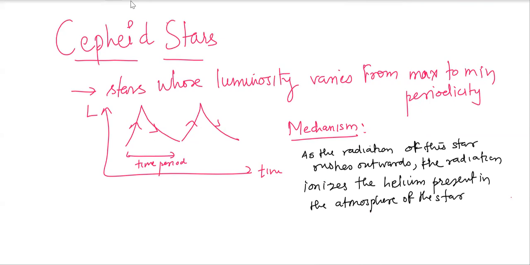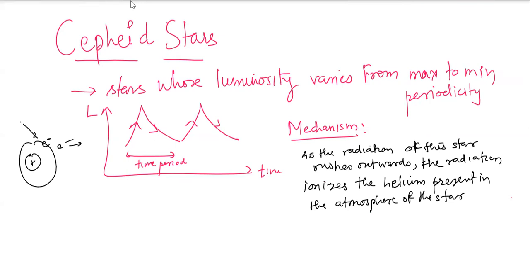Okay, ionization processes like this. So basically, if there is an electron, then the radiation knocks out this electron, so that the helium nucleus is without electron now.